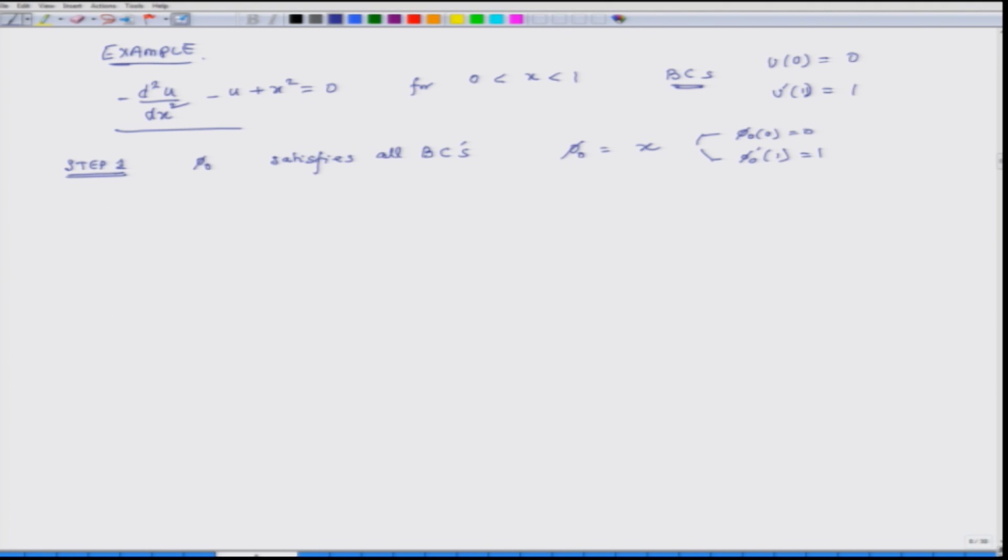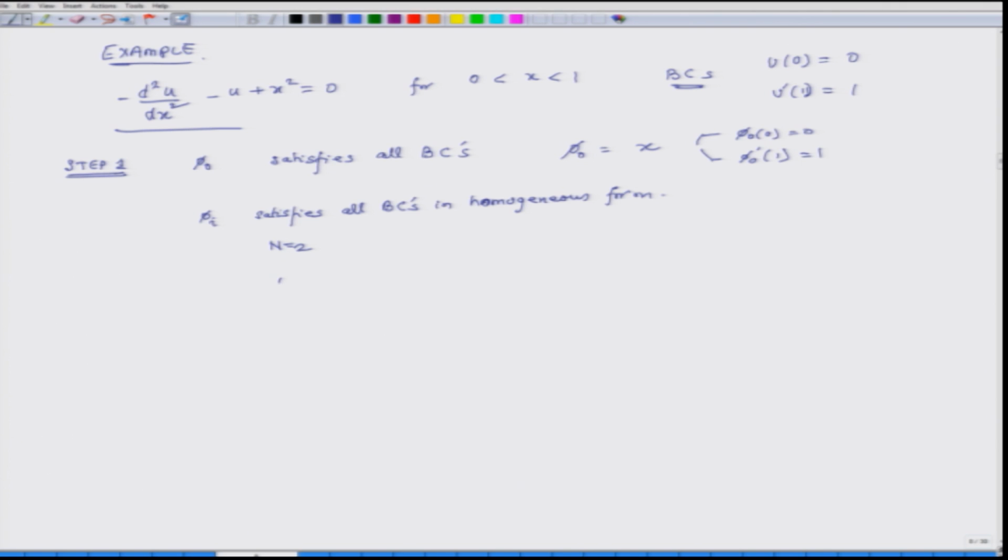Then we choose phi I, and phi I has to satisfy all the boundary conditions, but in their homogeneous form. And we will develop a 2-term solution, so we take n equal to 2.